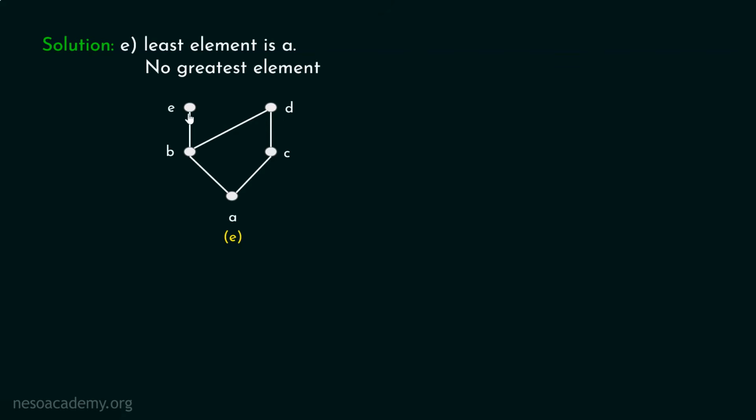If we say that E is the greatest element, then every element must be related to E. But D is not related to E, right? Also, D is not the greatest element because E is not related to D. Therefore, least element is A and there is no greatest element in this Hasse diagram.